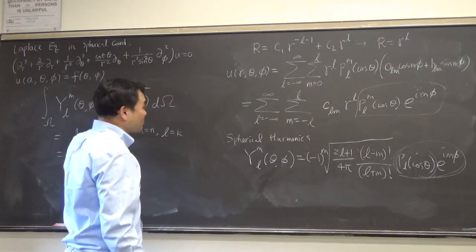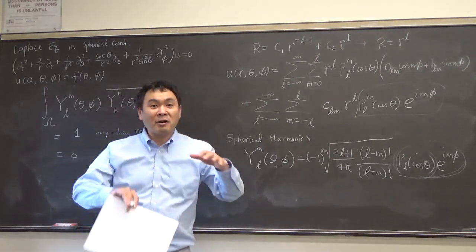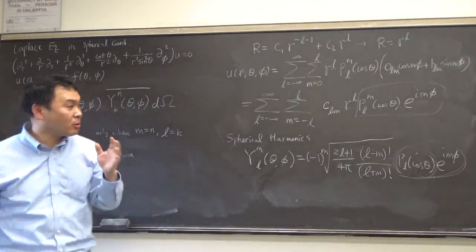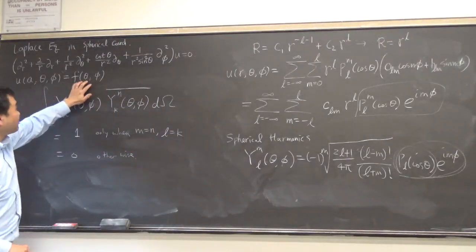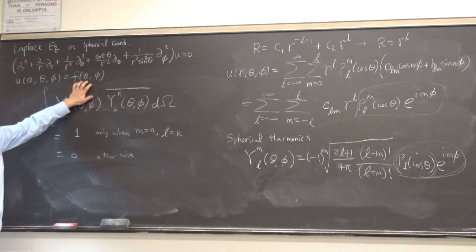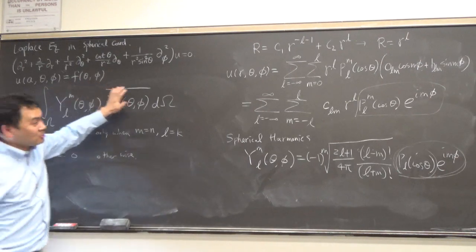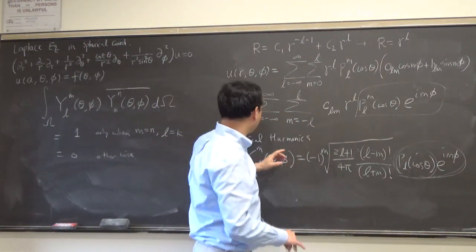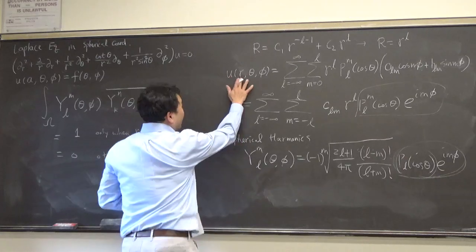So this will give you the basis for all the possible L2 functions on the sphere. Any function, as long as this f(theta, phi) is given as an L2 function, you can write this as this sum, right? Because after all, what is u(a, theta, phi)?